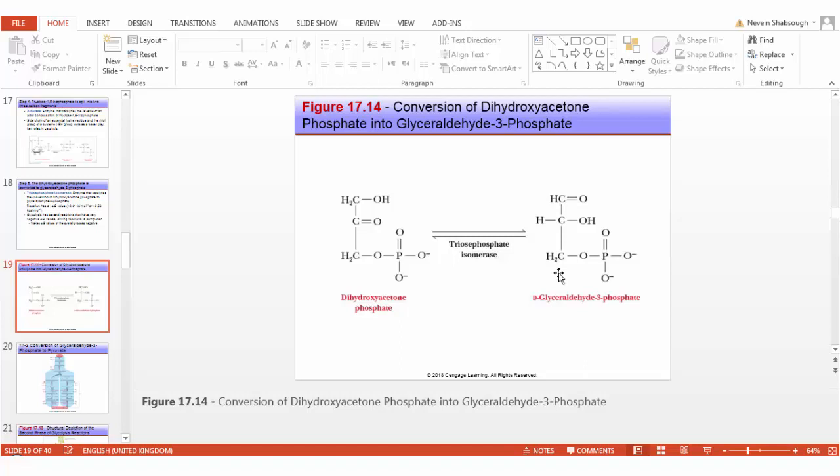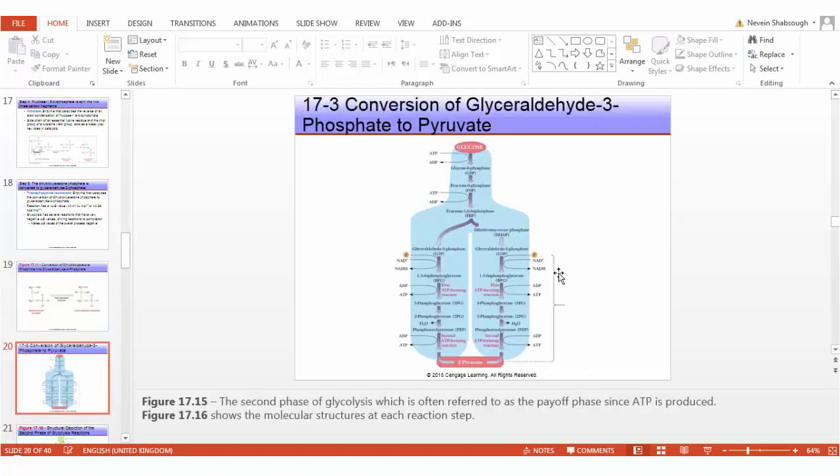Now we go to phase number 2, where this glyceraldehyde 3-phosphate will be eventually converted into pyruvate, and it is referred to as the payoff phase since ATP is produced. And again, this figure shows us the places where ATP is produced or consumed, as well as the point where NADH is produced.